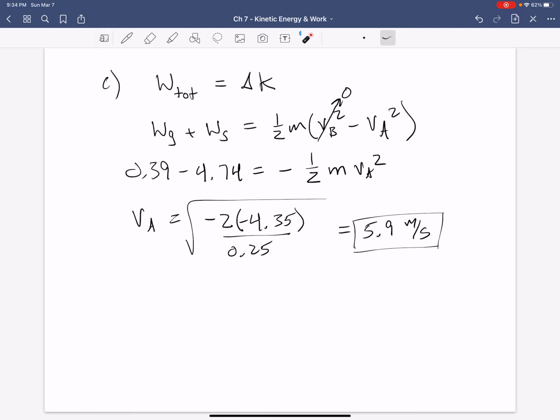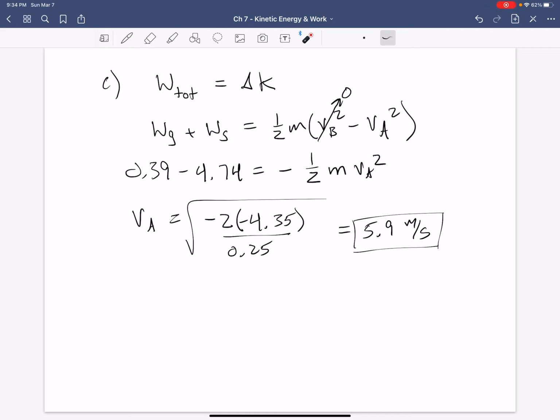It decreased speed because there was negative work being done on it, right? You can say that another way. Sorry, there was a negative work being done to decrease its speed down to zero.